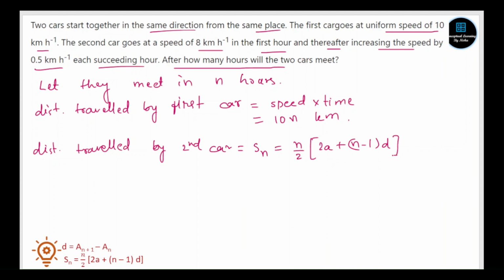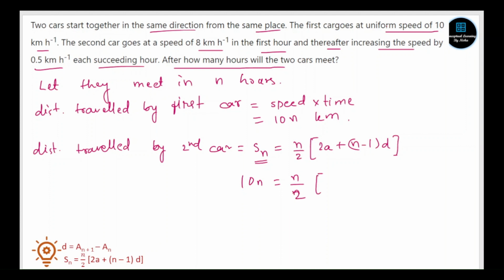Now let's substitute the values. See, the distance traveled by the first and second car is the same, so I'll just substitute this Sn as 10n. Remember that, the distance is the same for both cars because they are meeting at one point. Now this is 10n equals n upon 2.